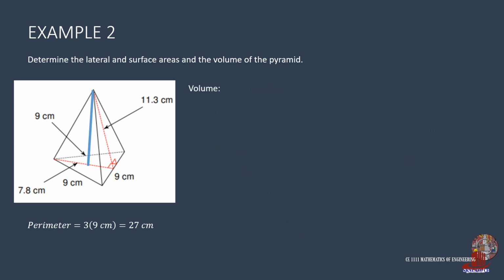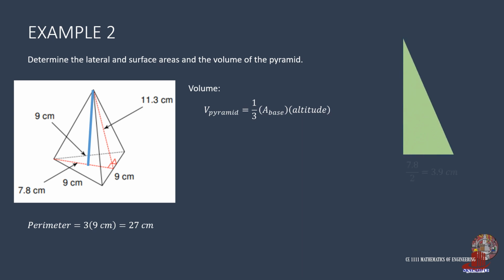For the volume of the pyramid, we use the equation of a third of the area of the base times the altitude. With the area of the base just solved, we continue to determine the altitude using the triangle where the base is half of 7.8 and the hypotenuse is 11.3 cm.